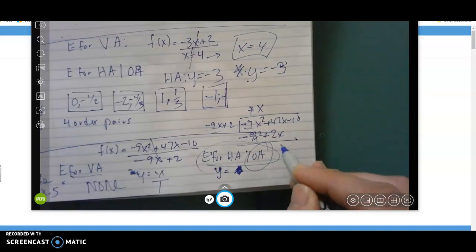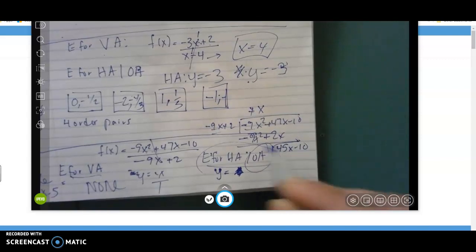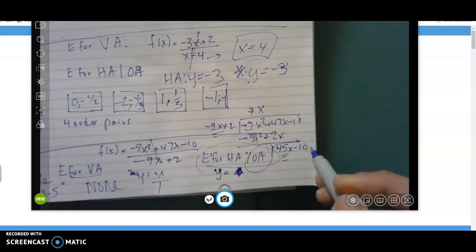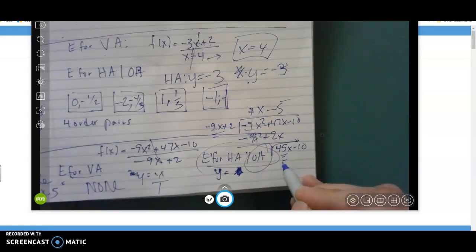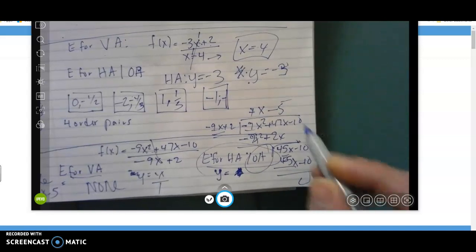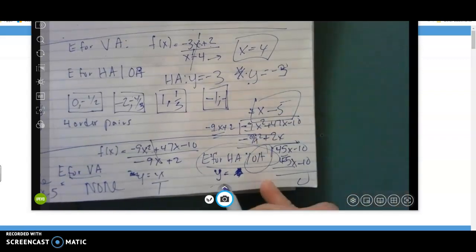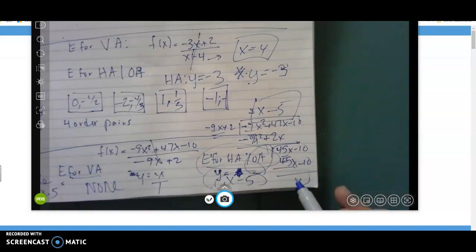If we subtract, we're going to get 45x minus 10. Then we divide negative 9x into 45x, and that's going to give us minus 5. Multiply it down, we're going to get 45x minus 10, and that gives no remainder. So y equals x minus 5 is our exact equation for our oblique asymptote.